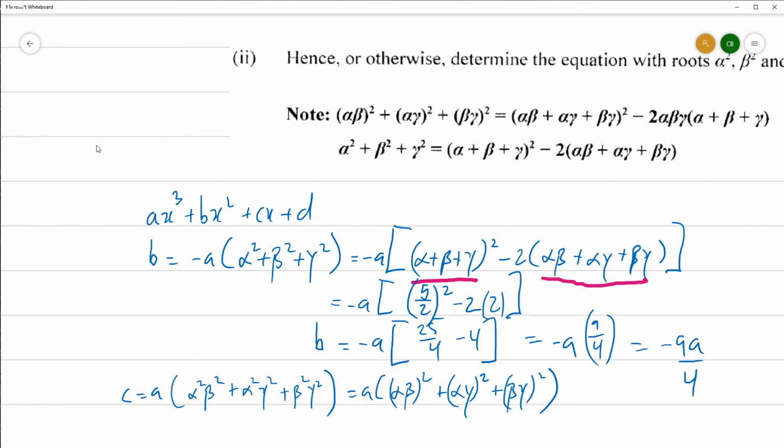So I could write c is equal to a. I have to rewrite this expression: alpha beta, alpha gamma, beta gamma, all to be squared, minus 2 alpha beta gamma, alpha plus beta plus gamma.